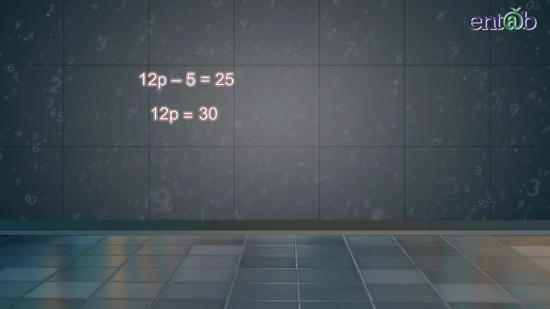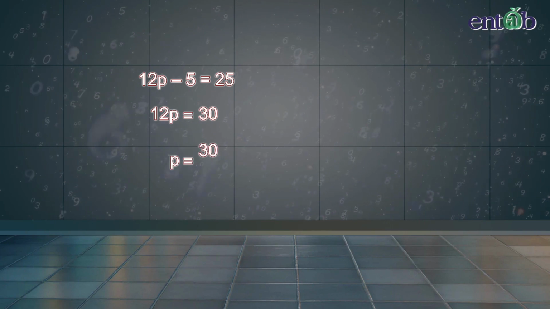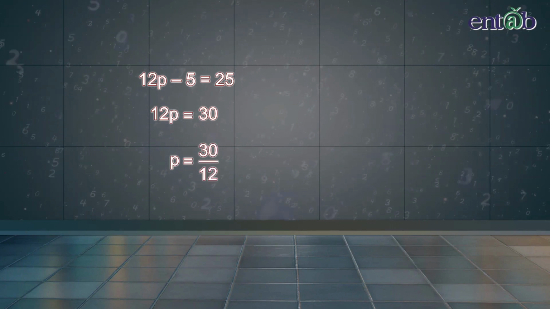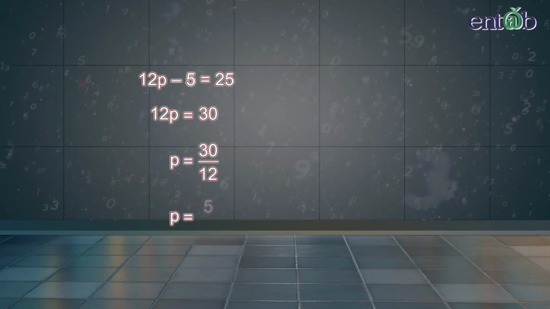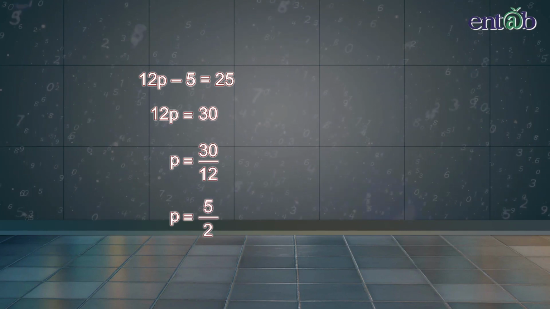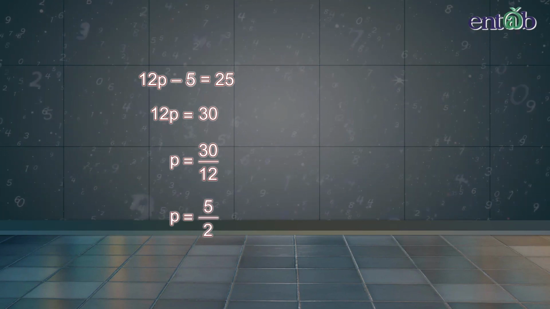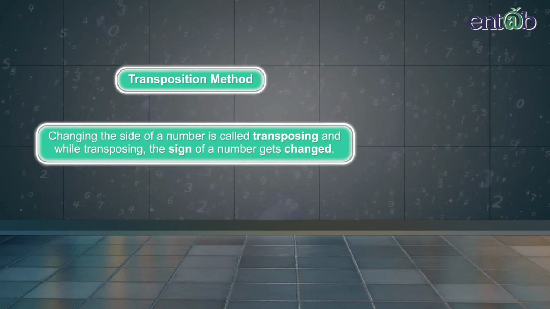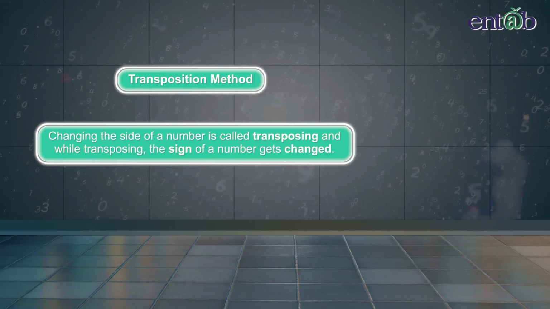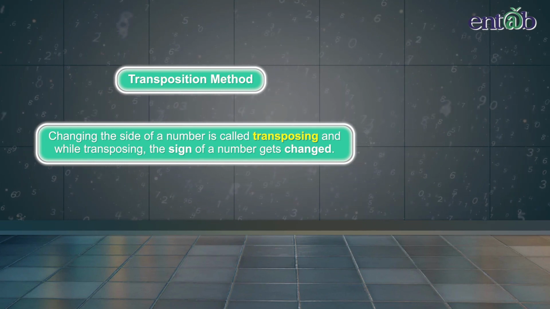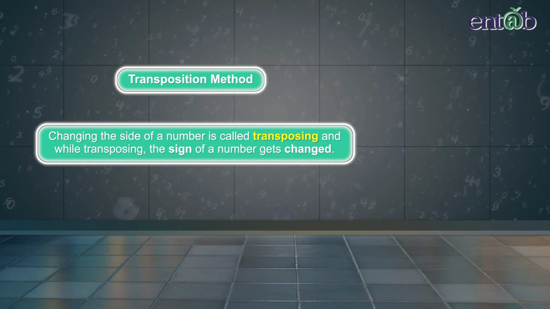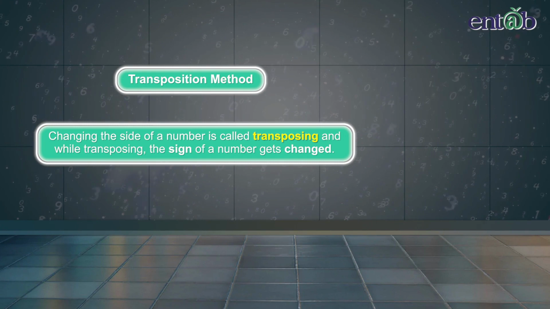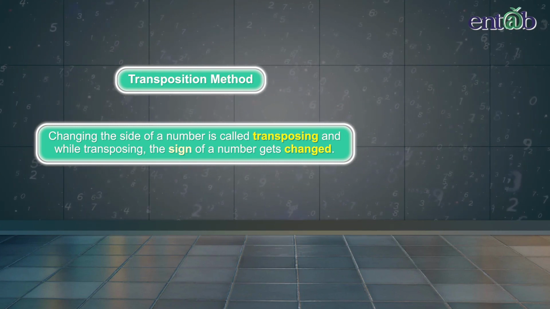So, we get p as 30 divided by 12, which is equal to 5/2. This method is called transposition method. Changing the side of a number is called transposing. It is important to note that while transposing a number, we change its sign.